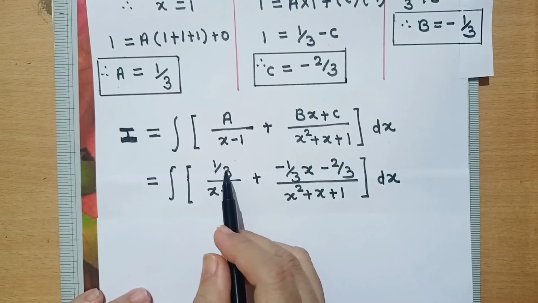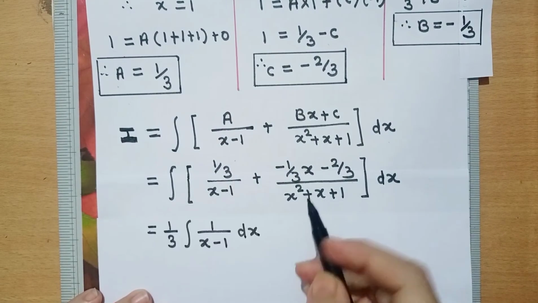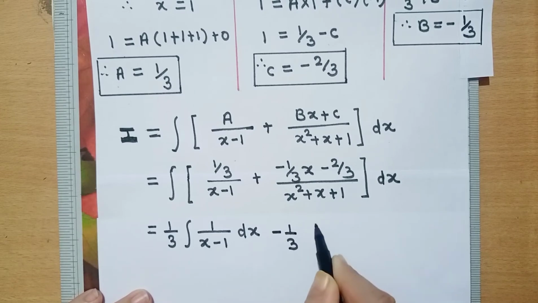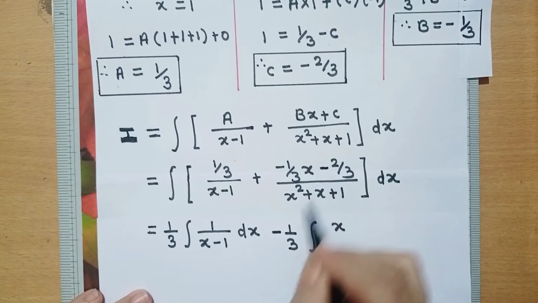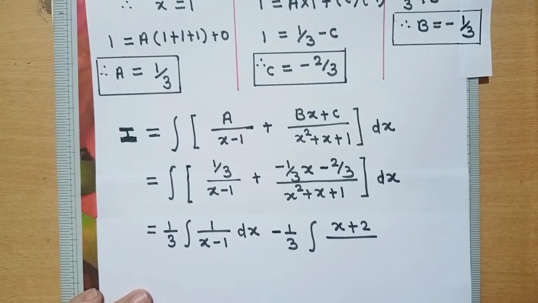And again in the next step we will take this 1 upon 3 out of the integration symbol, and from this numerator we will take minus 1 upon 3 common, and so again we have here x, we have taken minus out, so here plus 2 upon this denominator.